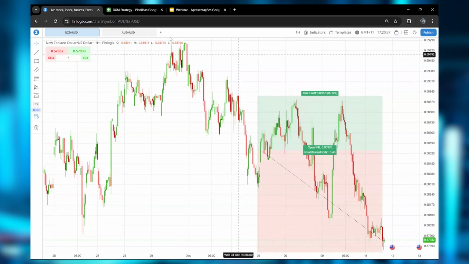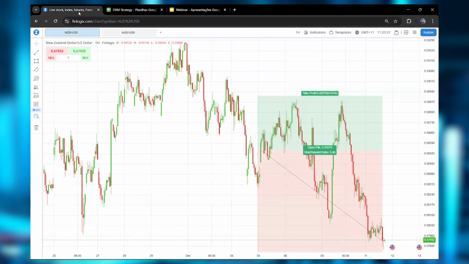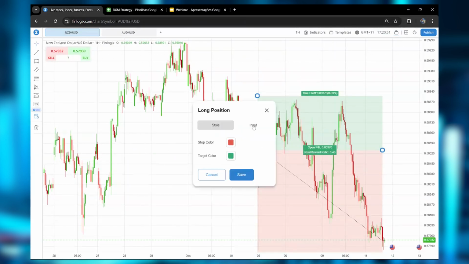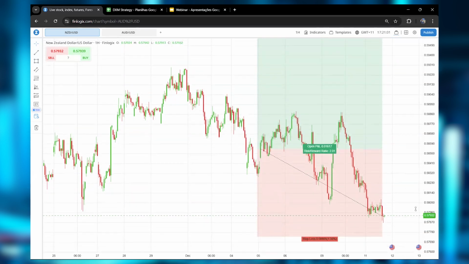So I'm not going to even put the TP, because as we see, we've just hit stop loss. So there's no need to be looking at the TP. But I'm just going to put it here so everyone knows where the TP was. Profit level. Oops, too many zeros. There you go. Okay. So this was the trade.